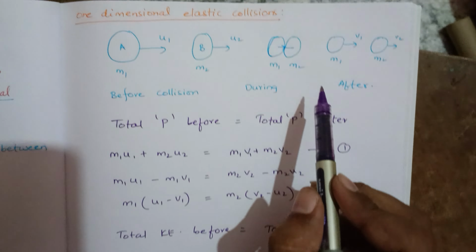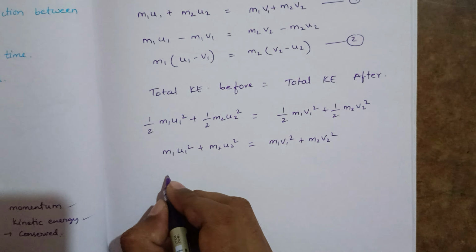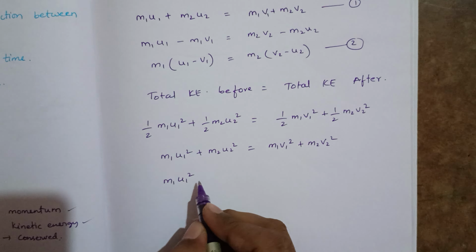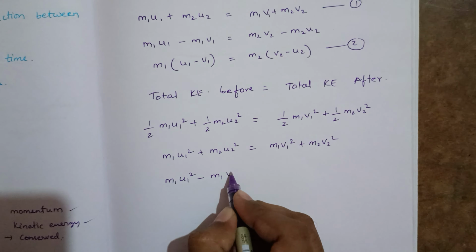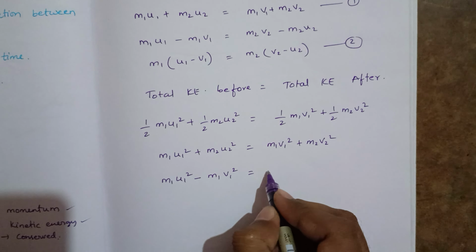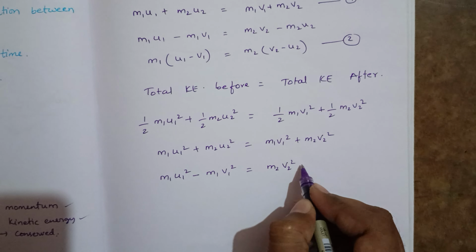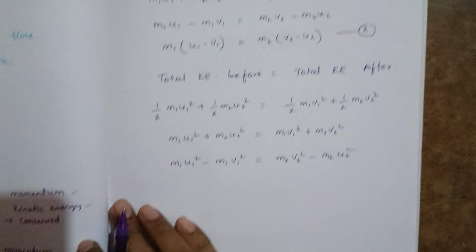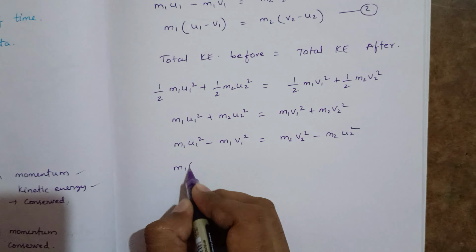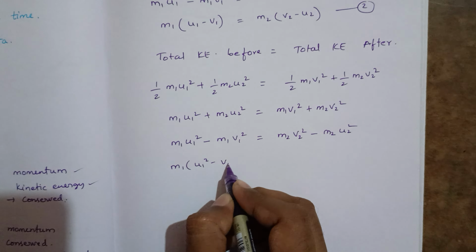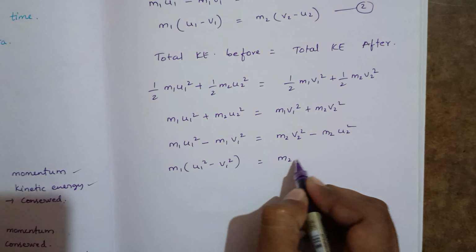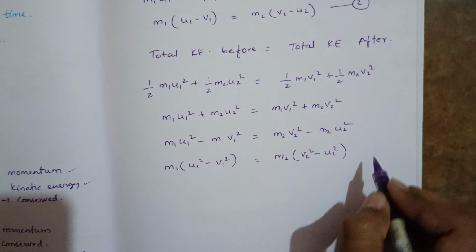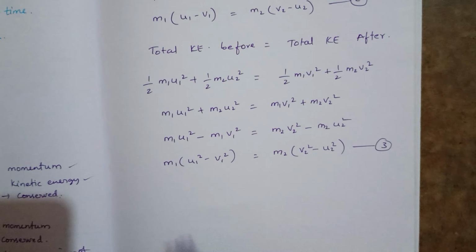Like this, if we write m1 terms on one side, m2 terms on the other side, m1 u1 squared minus m1 v1 squared equals m2 v2 squared minus m2 u2 squared. Taking m1 common, m1 times (u1 squared minus v1 squared) equals m2 times (v2 squared minus u2 squared). This can be taken as equation number 3.